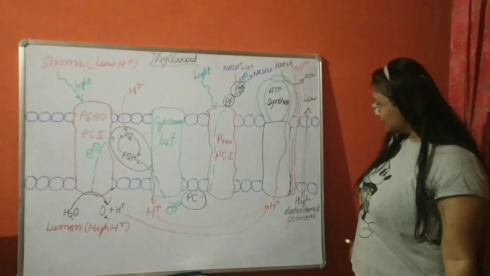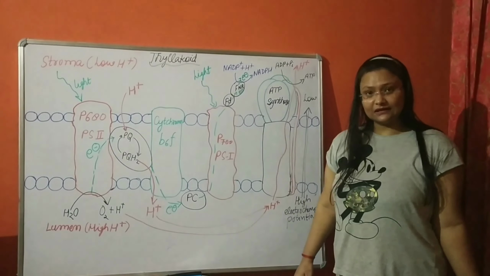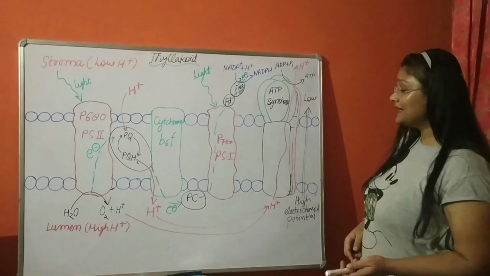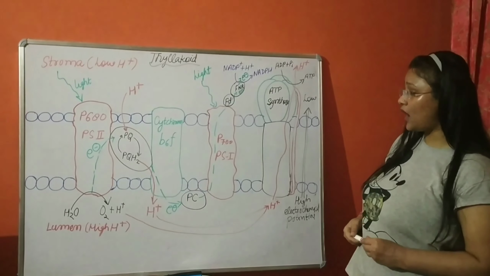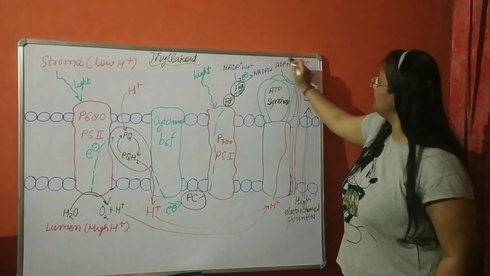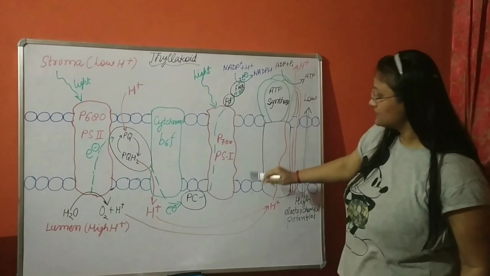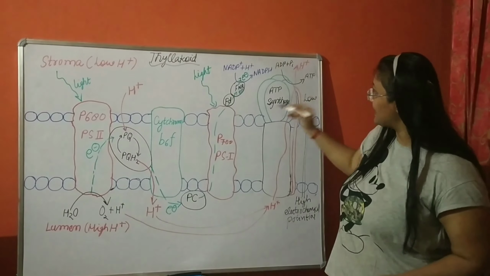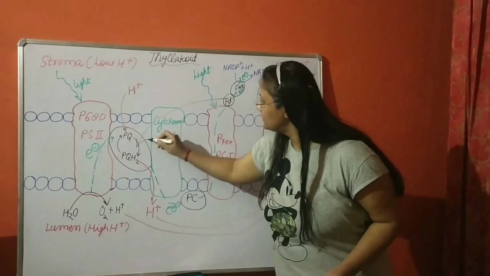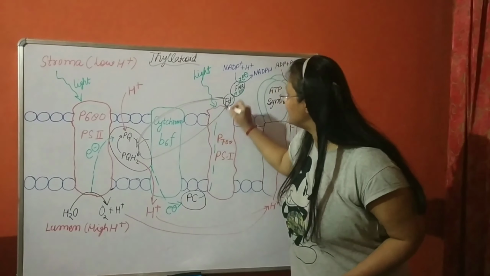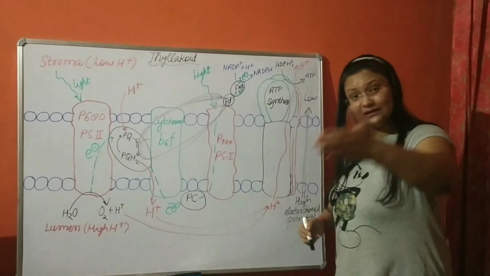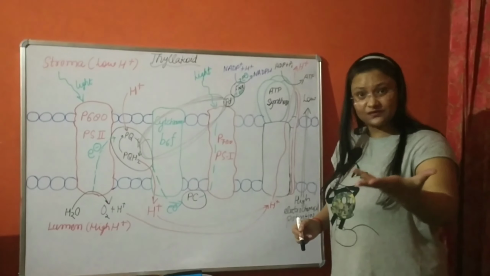So, and also I talked about cyclic ETS in the last discussion. So in cyclic one, only ATP will be formed, because the electron from ferredoxin will come to PQ again and again. It will keep on circulating like this. And the photosystem will not be able to pump out the other electrons which it has captured.